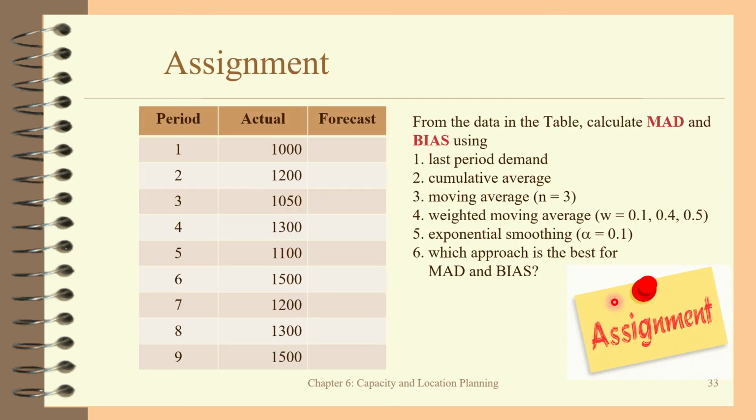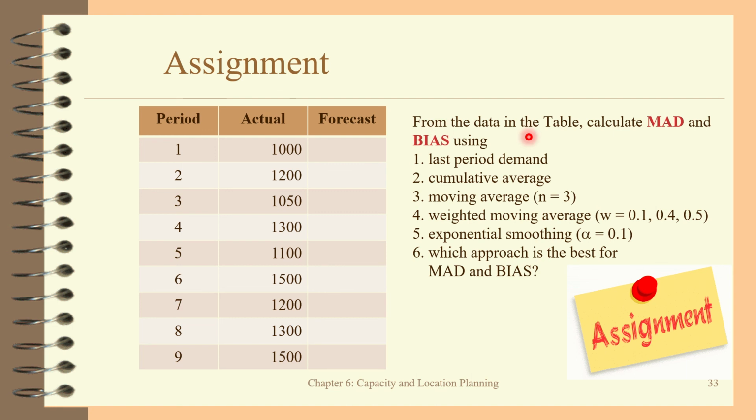So now we come to the assignment. This assignment is very similar to your midterm exam. In this case, we have 9 periods. I give you the actual demand for 9 periods as well.